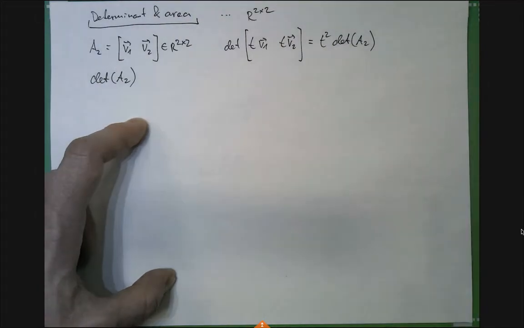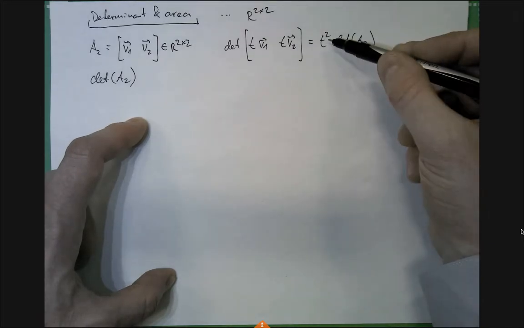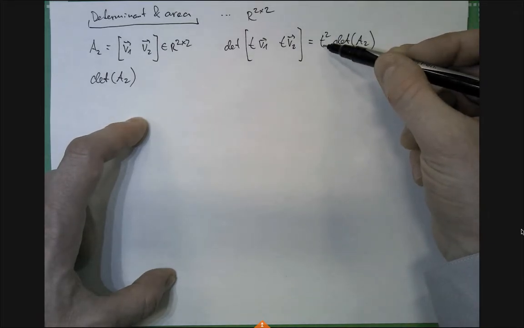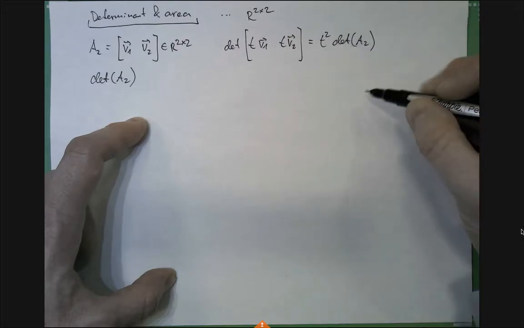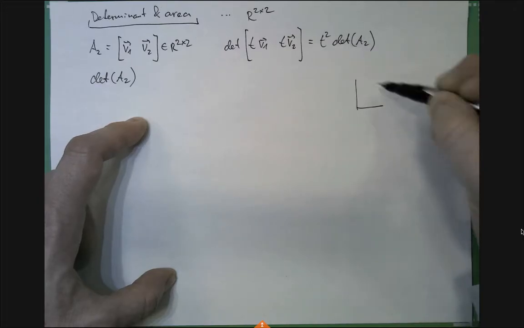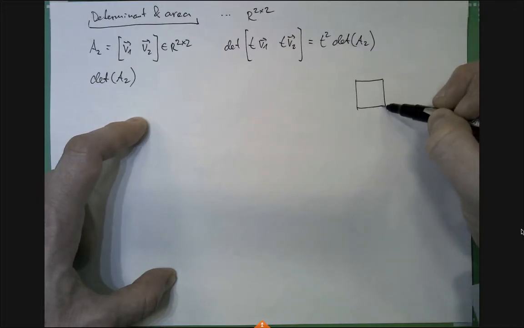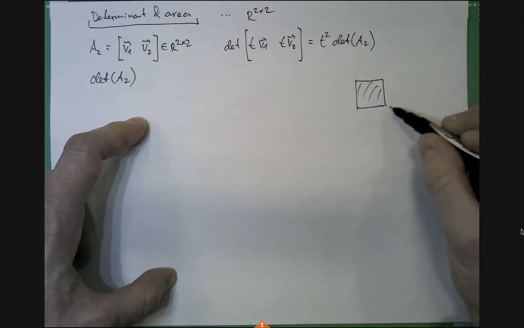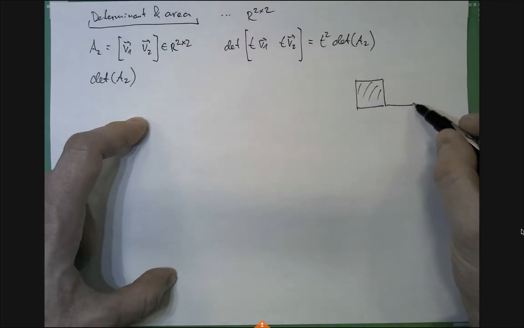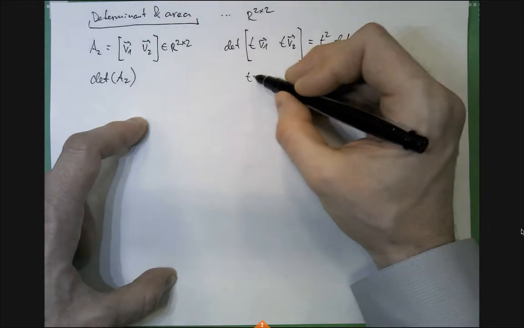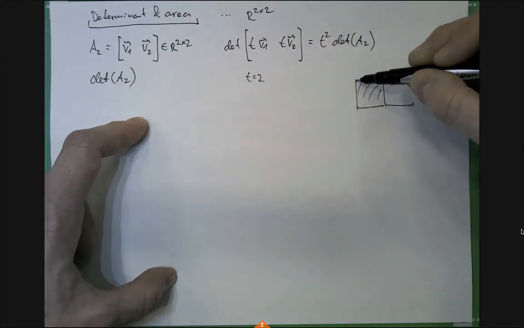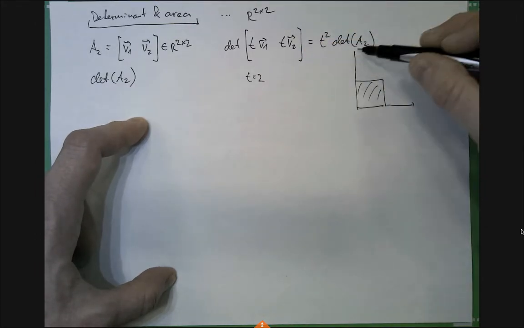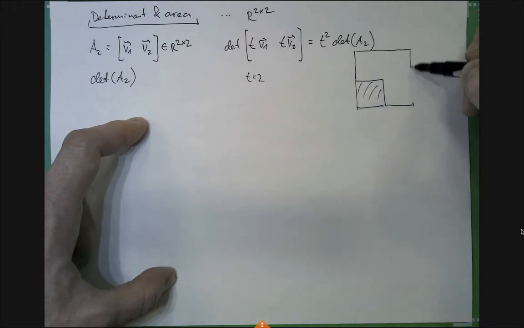Because think about it. If something scales with a square, for example if I have a square here and I'm measuring its area, and I multiply the units by t, let's imagine that t is 2, then I get a bigger square.